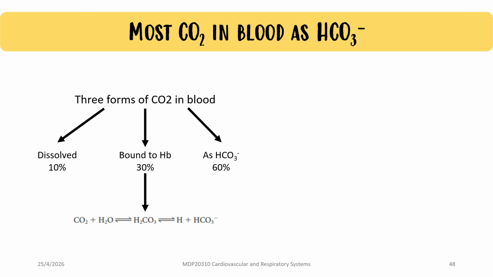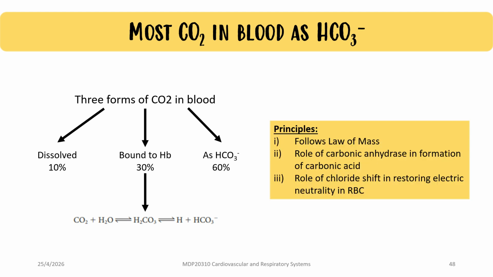The bicarbonate ions are formed through the conversion of carbon dioxide, as you can see from this equation, in the cell body into hydrogen ion and bicarbonate ion. So these are the principles of carbon dioxide transport. So this chloride will enter the RBC.